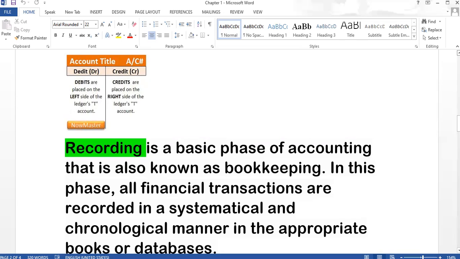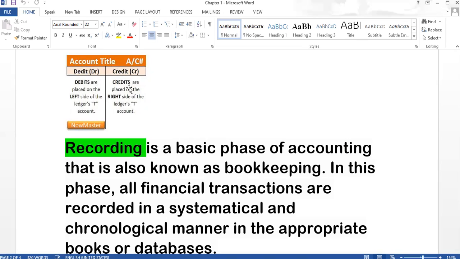So, these are to be recorded in a chronological order as per the date of the event. It has to be recorded, and it will be recorded in a T form, where on the left side of the T form is a debit, and on the right side it is a credit.